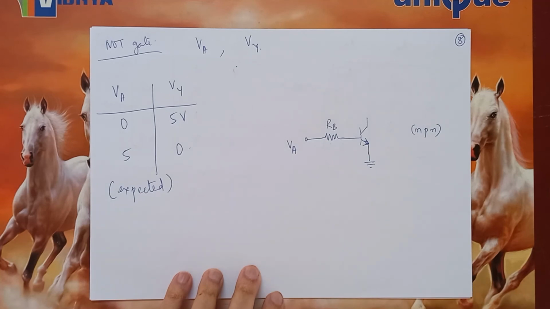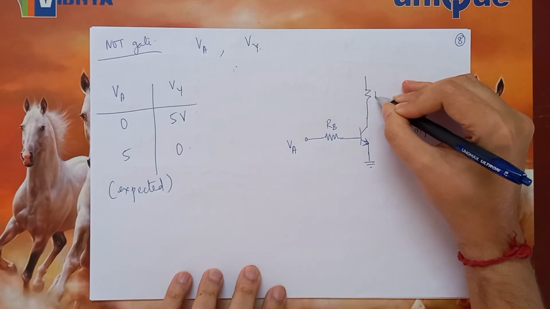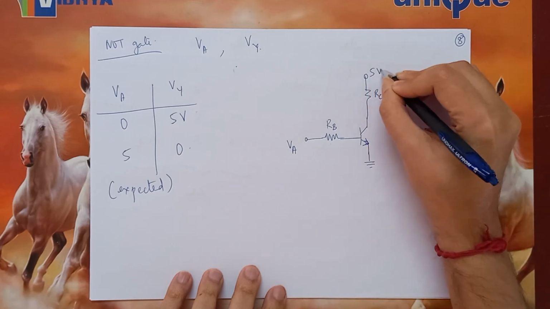I will have one resistor over here, which is RC, and a 5 volt source over here.